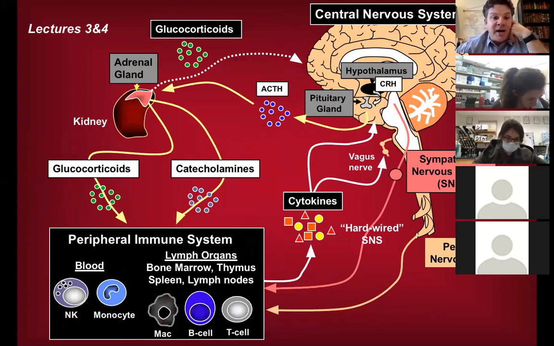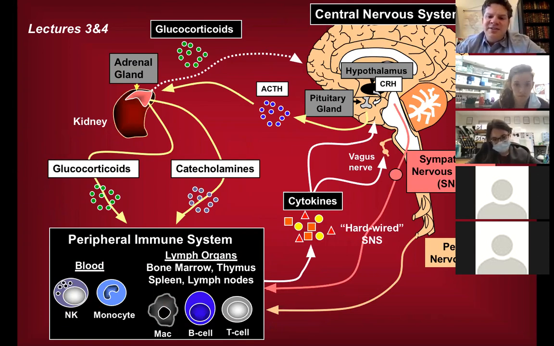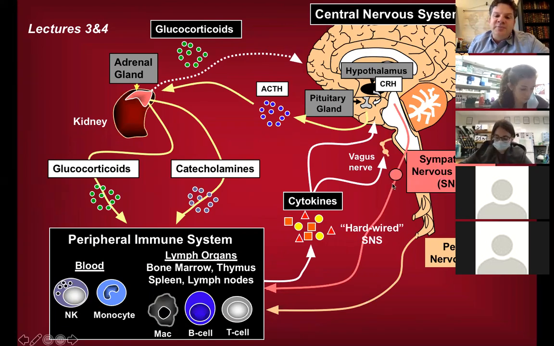So this is that bidirectional slide, just with a little more detail for you, showing the sagittal section of the brain and the different tissues that are involved. Let's start with the sympathetic nervous system here. It turns out that the sympathetic nervous system is hardwired into a lot of the immune organs.